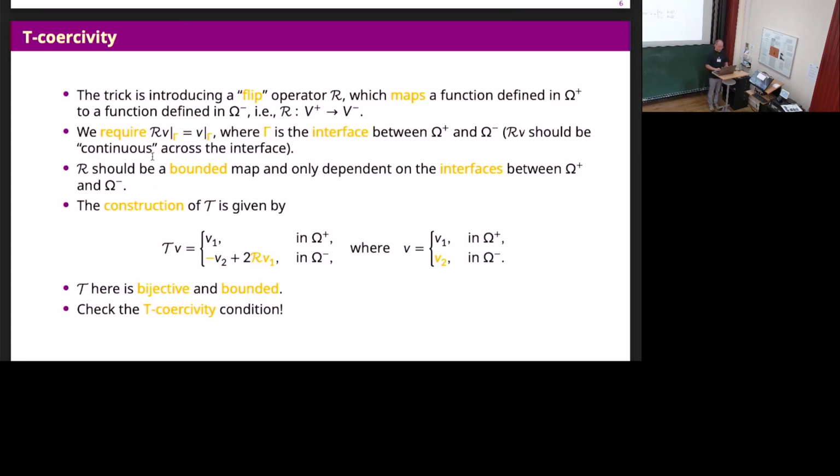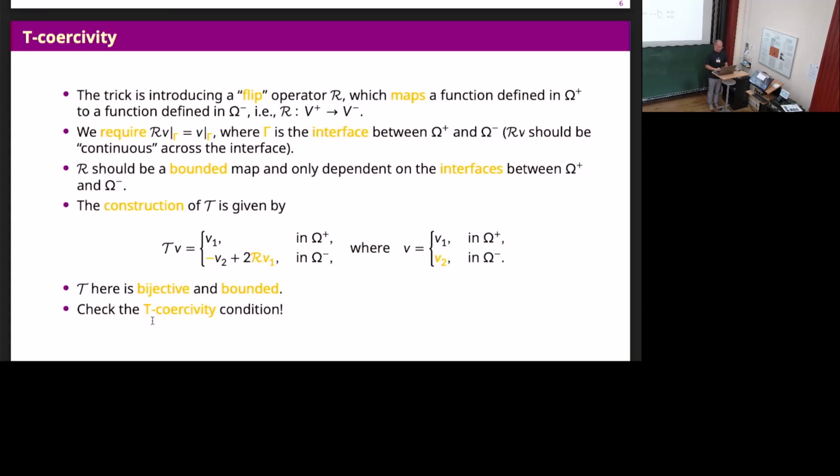So once we have determined this map R, then we can define T like this. Okay. So in omega, we can write V in this way. V is V1 in omega plus, and V is equal to V2 in omega minus. And then T can be defined like this. So in omega plus, it is the same, but then in omega minus, we use this formula. It's negative V2 plus 2 R V1. And so this is the definition of this mapping T.